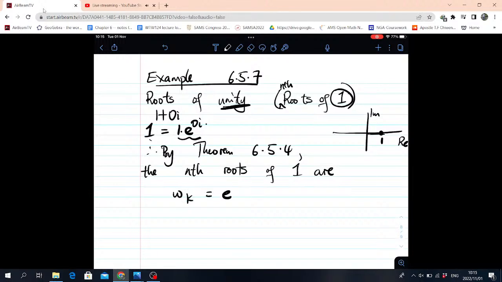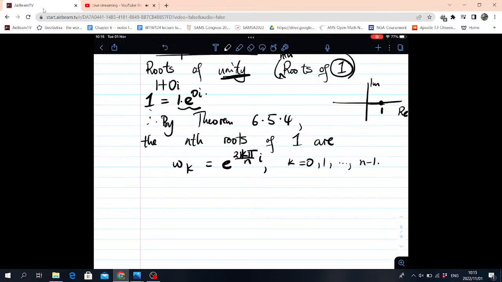We know that the nth root of 1 is 1, so we don't need to put that there. And we've got 0 as our argument, so we don't need to put it there. So we end up with something that looks like this, where k is 0, 1, up to n minus 1, like that.